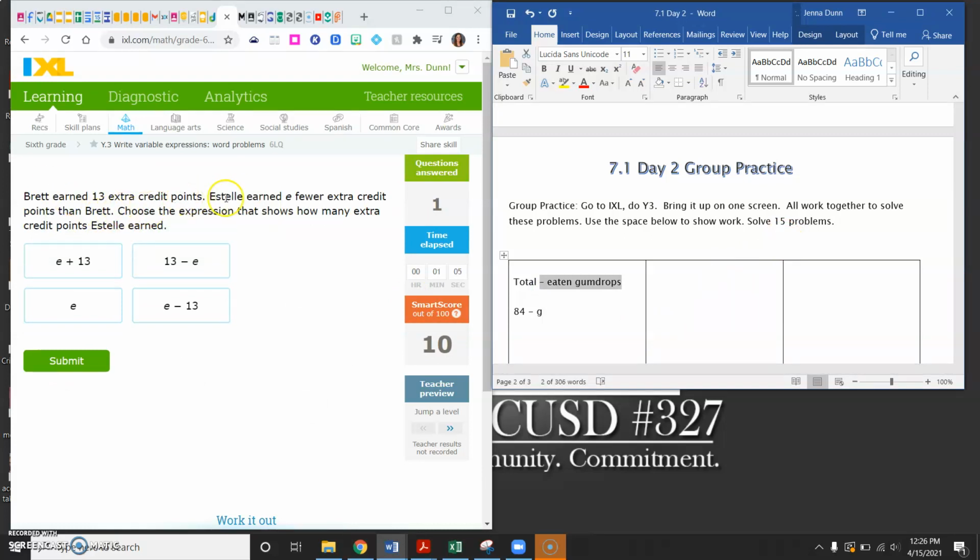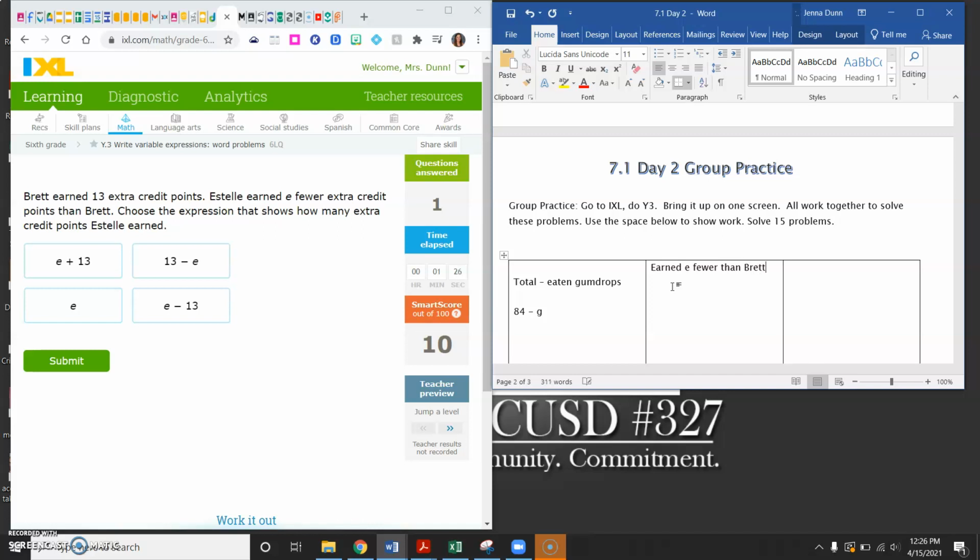Brett earned 13 extra credit points. Estelle earned fewer extra credit points than Brett. Choose the expression to know how many Estelle earned. Okay, so we're trying to find Estelle, and she earned E fewer than Brett.